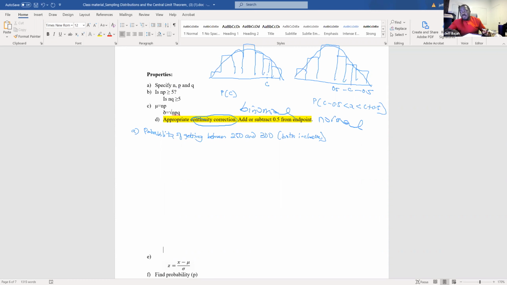So what we would do there is say this is going to be 249.5 and 300.5. By subtracting 0.5 on the left and adding 0.5 on the right, we'll correct any errors that might be in that calculation. Any questions on that?